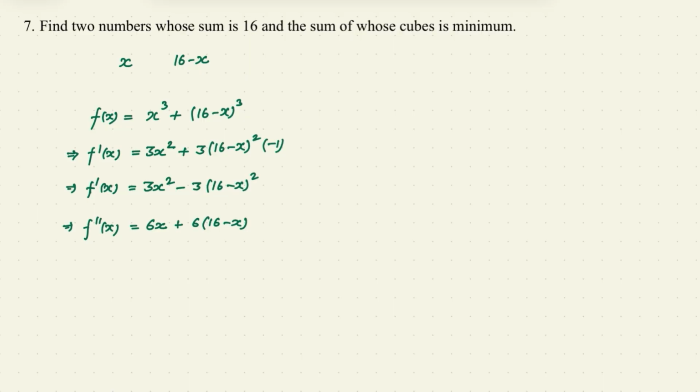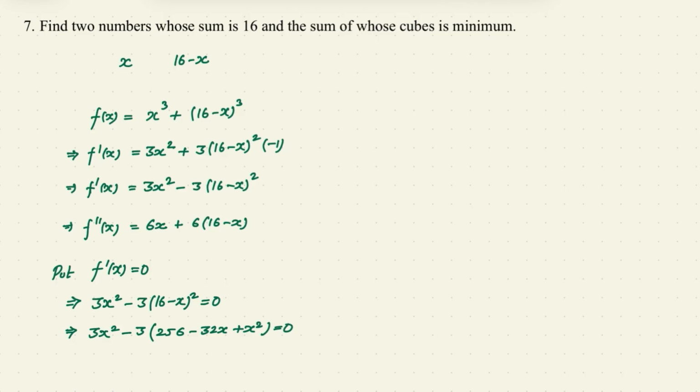Now in order to find the critical points, let us put f dash of x equals to 0. So this implies 3x square minus 3 times 16 minus x whole square equals to 0. So here if I open this bracket, then it will be 16 square is 256 minus 32x plus x square equals to 0.